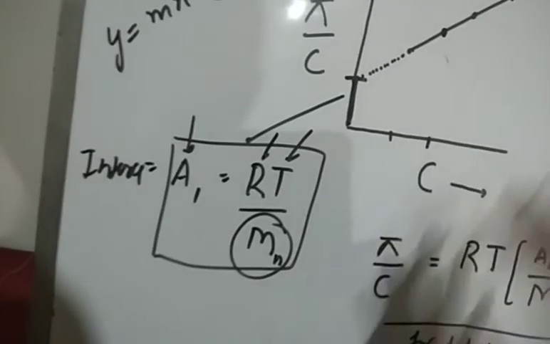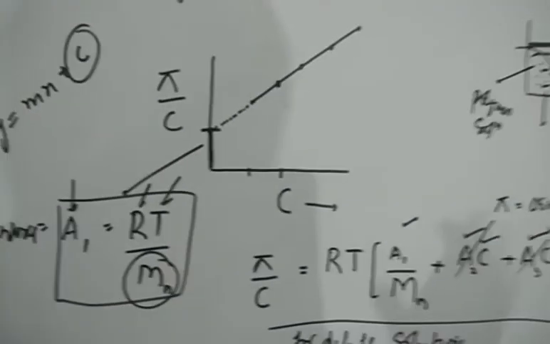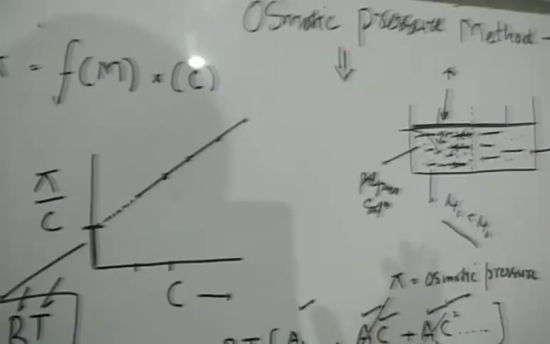So this is in general the basics behind the osmotic pressure method to calculate the number average molecular weight. It is based on the osmotic pressure.